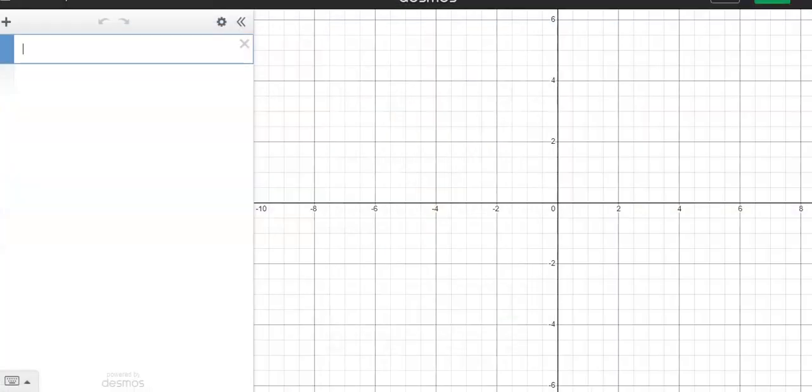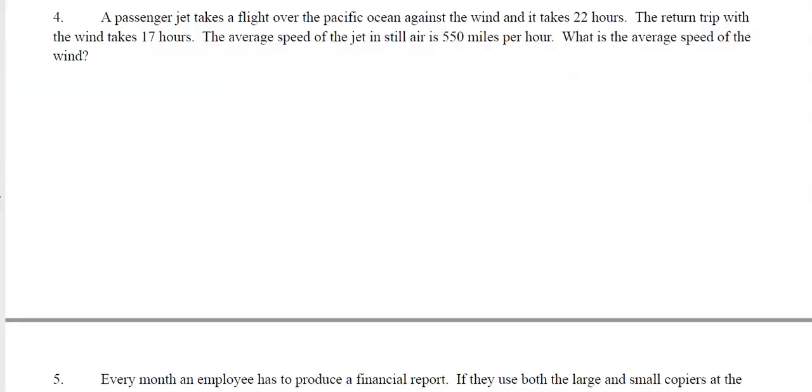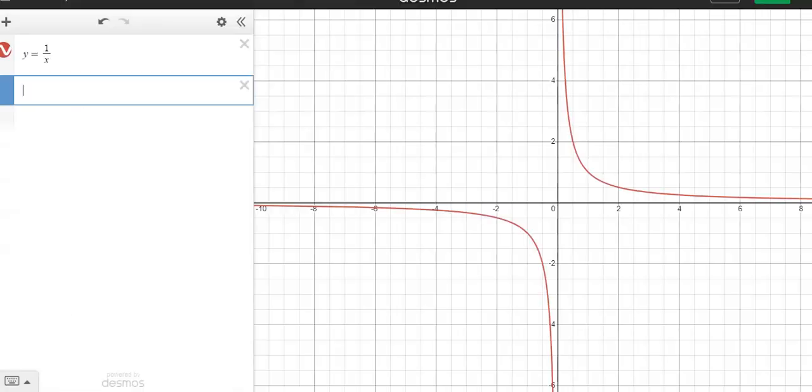And let's just type in the parent function. So y equals 1 divided by x. And that's the one that we just graphed right there. And I'm going to now, on our notes, we wanted to look at, well, what about when it's 1 over x minus 3? Like, what happens when I do that?